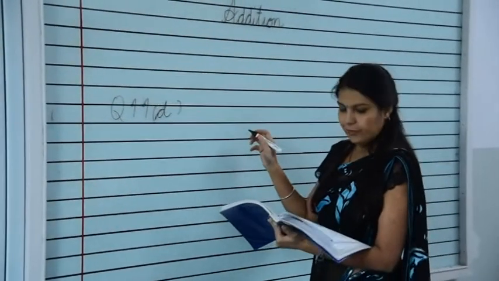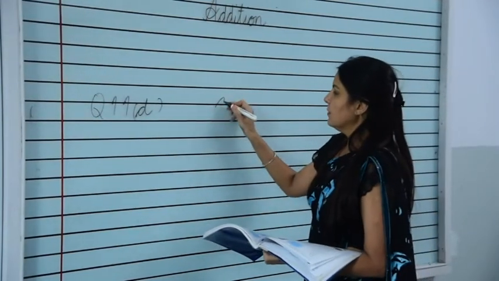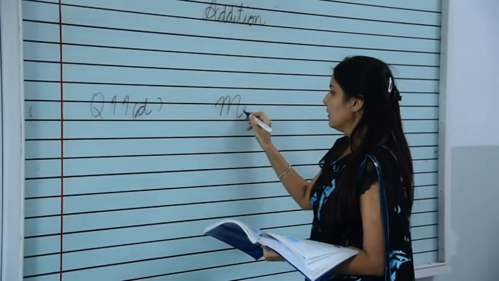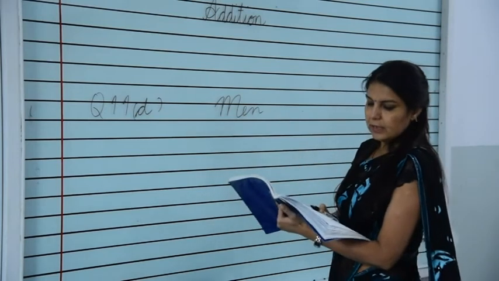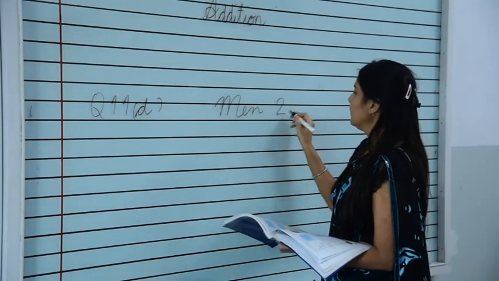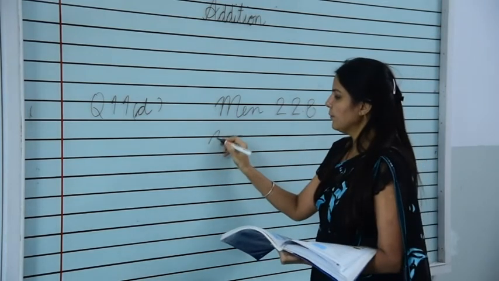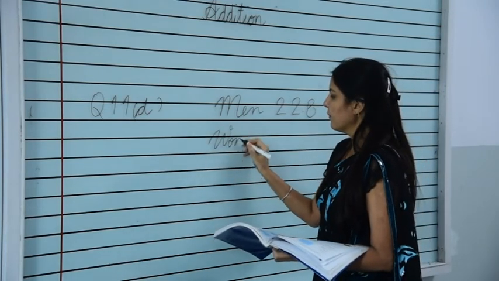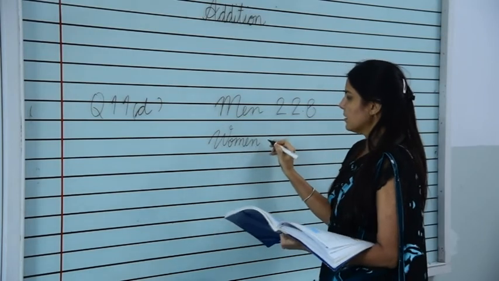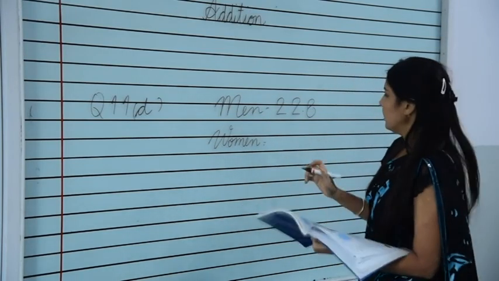So first of all, we will write how many men are given in the question. These are 228. And how many women? These are 214.